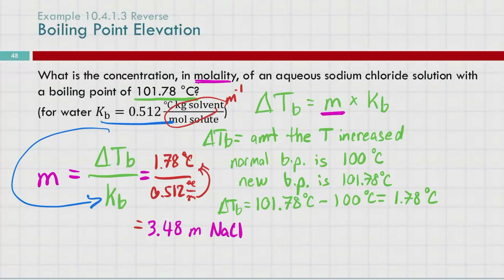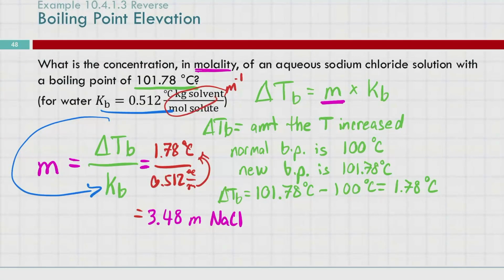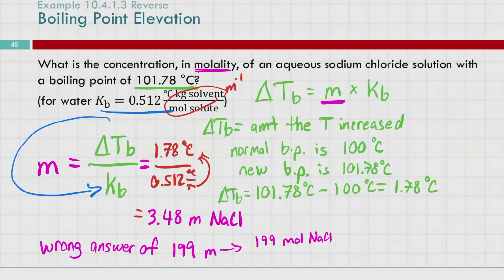If you did it without subtracting the 100, you would have gotten the wrong answer of 199 molal, which would mean 199 moles of NaCl per 1 kilogram H2O.